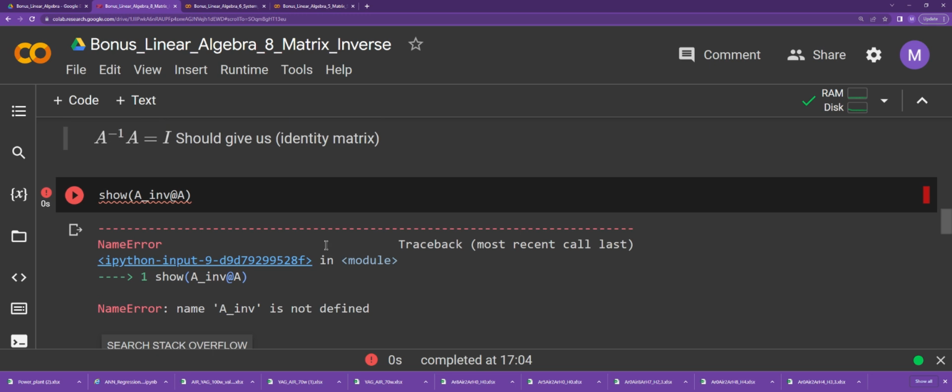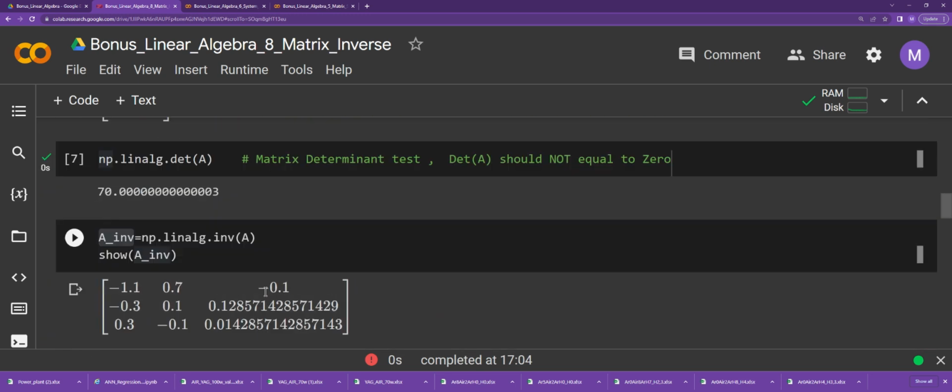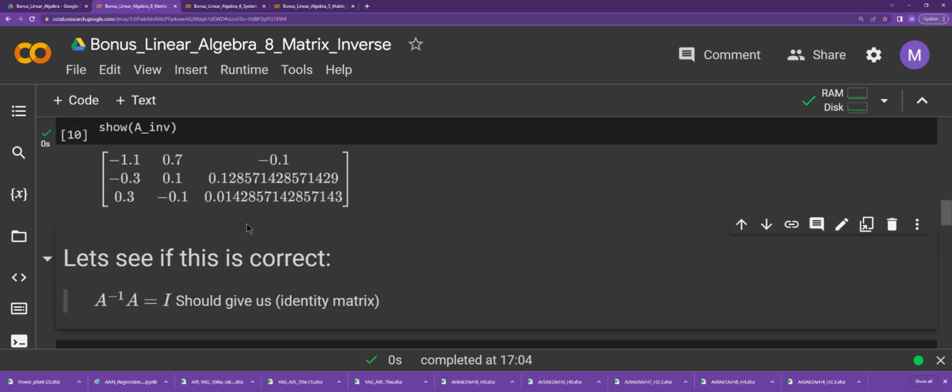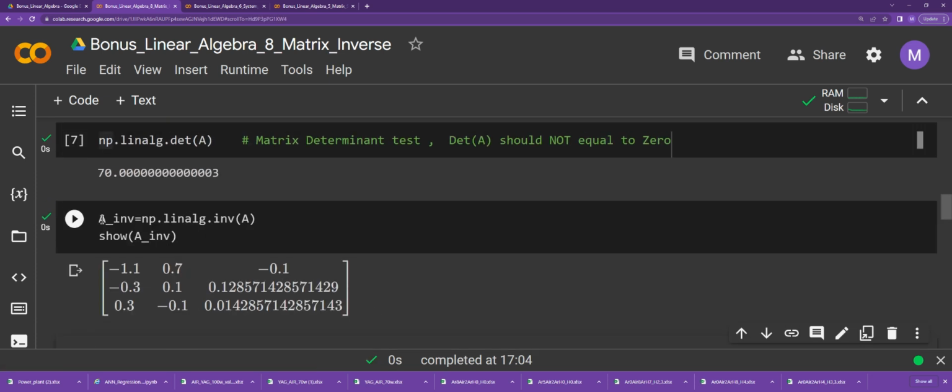And I'm getting, what am I getting? A is not defined. Why is it not defined? Oh, I do apologize, I didn't run this today. Okay. So now run it, and A inv is the inverse of A.